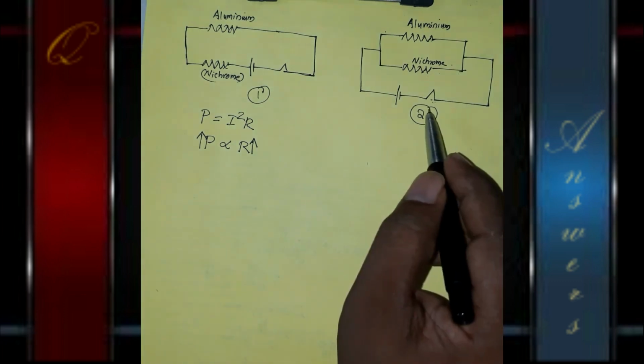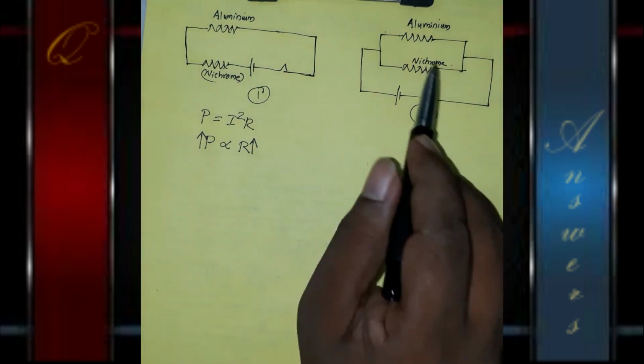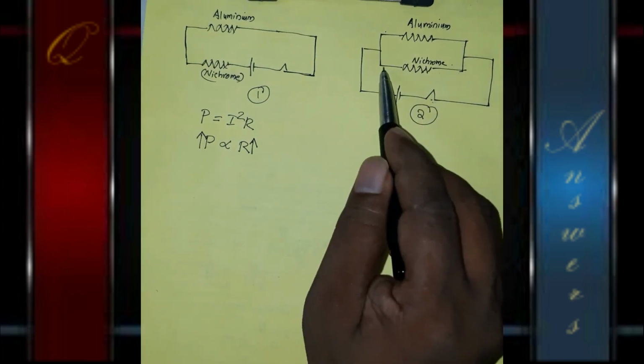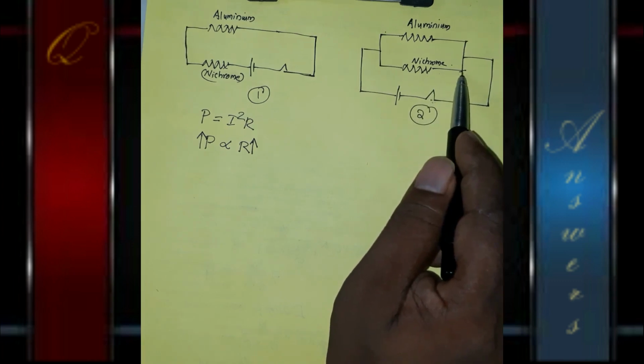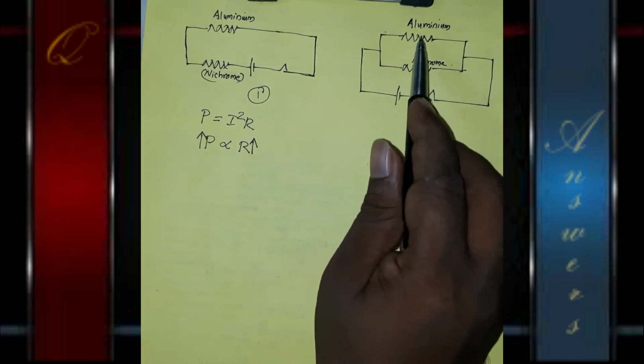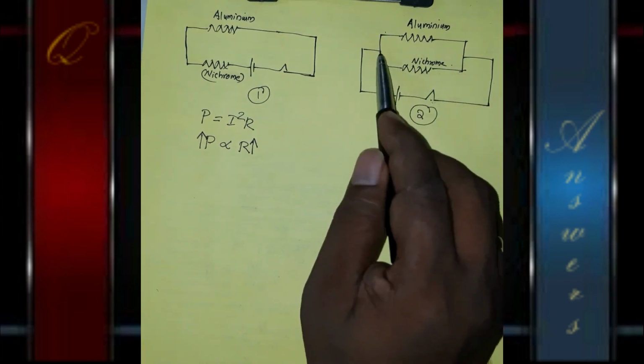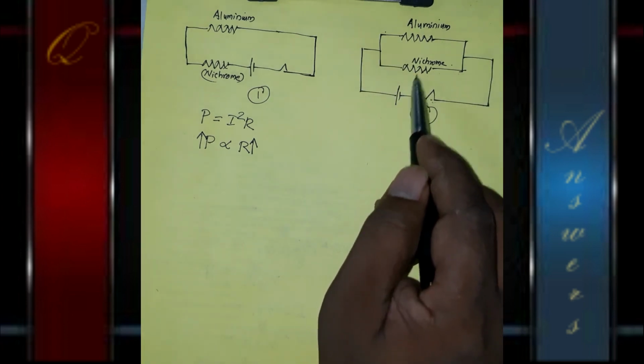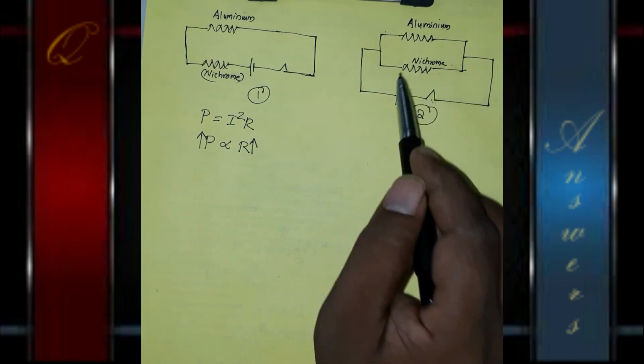Now compare the second case. Here the voltage across this aluminium wire and voltage across this nichrome wire are the same. Why? Because these two are connected in parallel across the cell. So the potential or voltage across these two resistances will be the same.